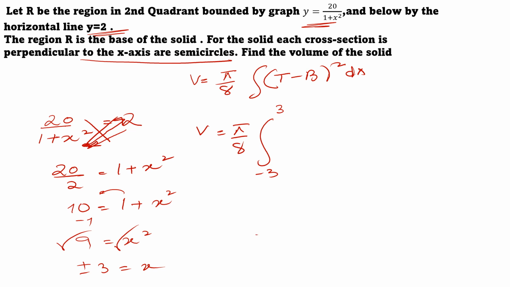If I visualize 20 divided by 1 plus x square, that could be an equation something like that. Or y equals 2 would be over here. Y equals 2 could be like this, or it could be like this, something like that.